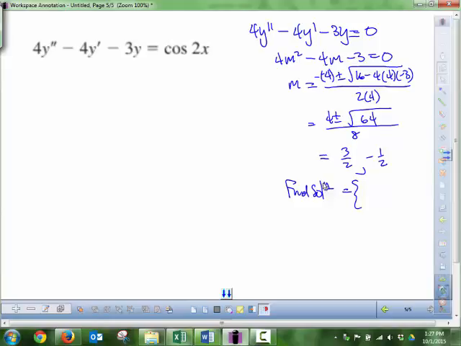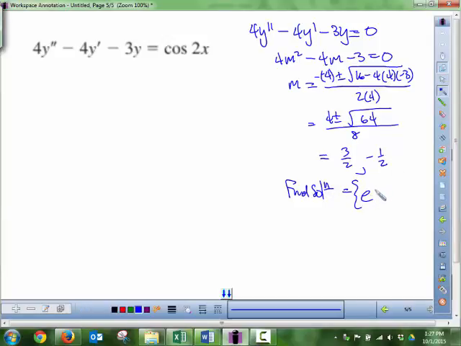So is this cool? All right, so those are your m. They're coefficients for your exponential functions, not the front coefficients, but the power of the exponential function. So we have e to the 3/2 x and e to the negative 1/2 x.